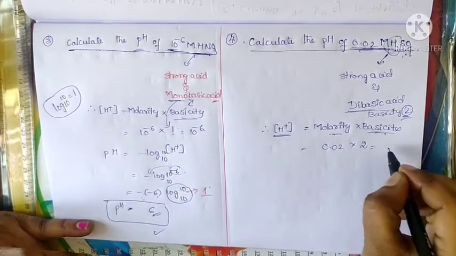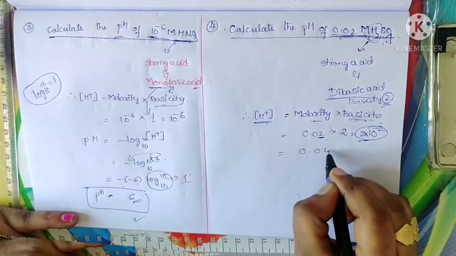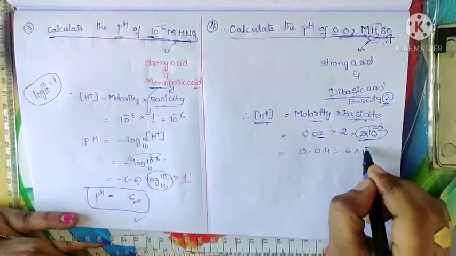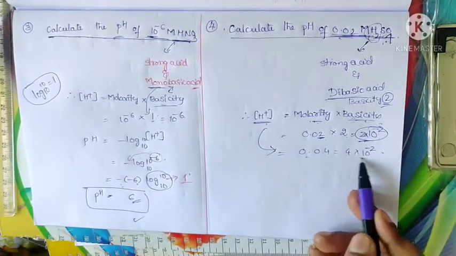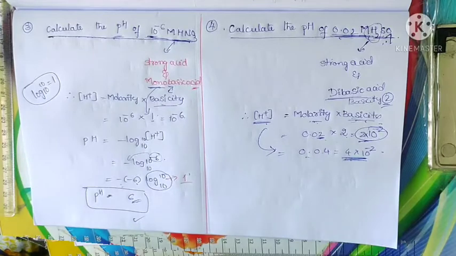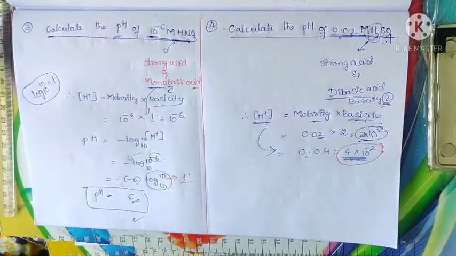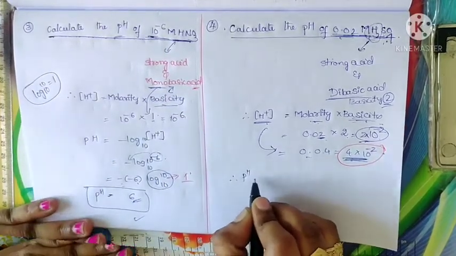So 0.04. So we are writing like this, 4 into 10 power minus 2. So the concentration of H plus ion is 4 into 10 power minus 2.